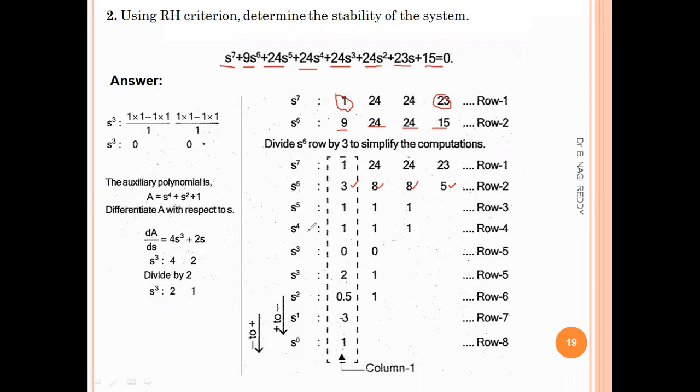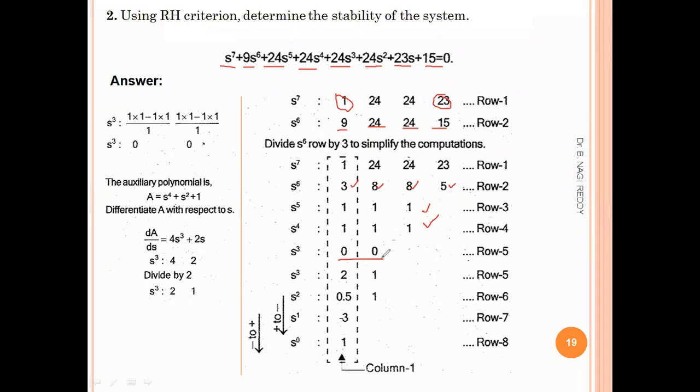In a similar manner, for S power 4: 1 into 8 minus 1 into 3 by 1, which is 5. 1 into 8 minus 1 into 3 by 1, which is also 5. 1 into 5 minus 0 into 3, 5 by 1, again 5. If we simplify, we get S power 4 also all ones. So S power 5 coefficients are all ones and S power 4 coefficients are also all ones. That means 2 rows have the same coefficients, so the next row will obviously be zeros.